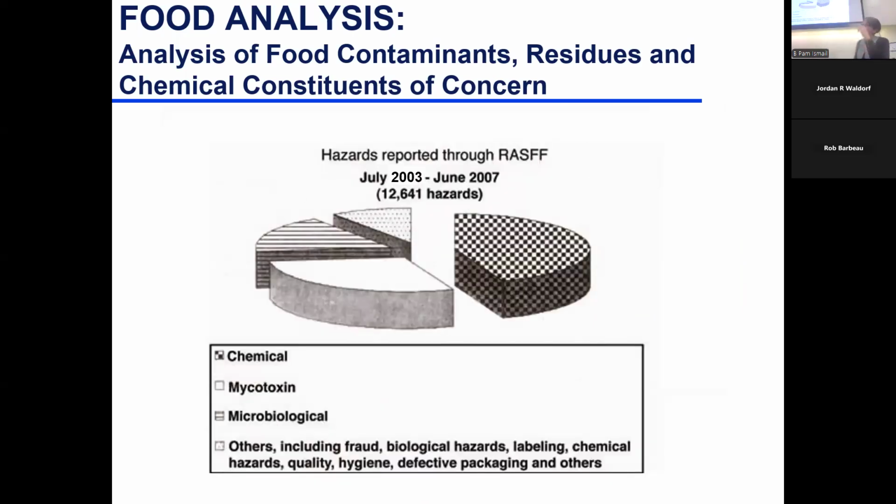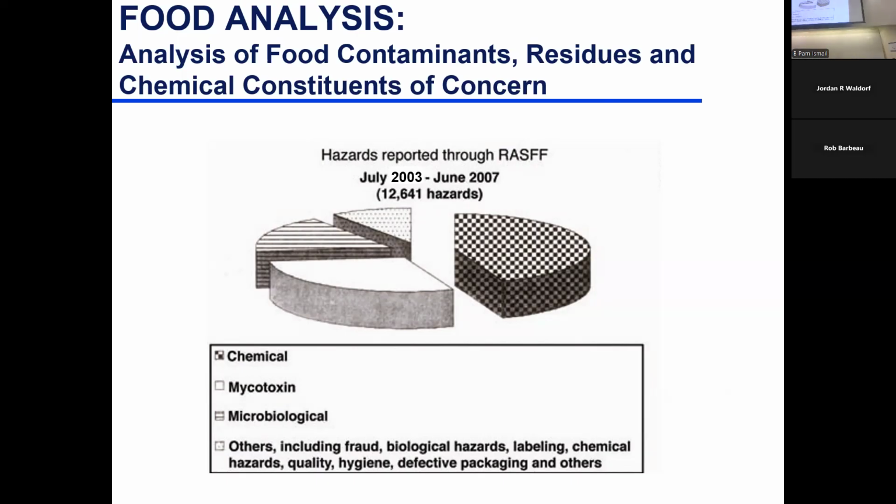So this is an old kind of report, but this is a figure that I like to illustrate that there are hazards that get reported, and these hazards are classified into different categories. So we have the chemical hazards. Pesticides are chemical hazards. Heavy metal is a chemical hazard.